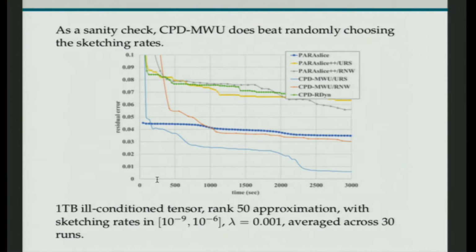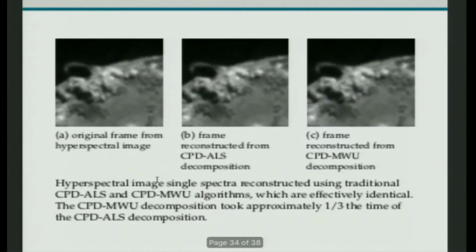And the green line here is where we're just randomly picking one of the sketching rates. And this blue line here is where we're using the multiplicative weight updates to sample our columns. So we see that it does beat randomly choosing our sketching rates.